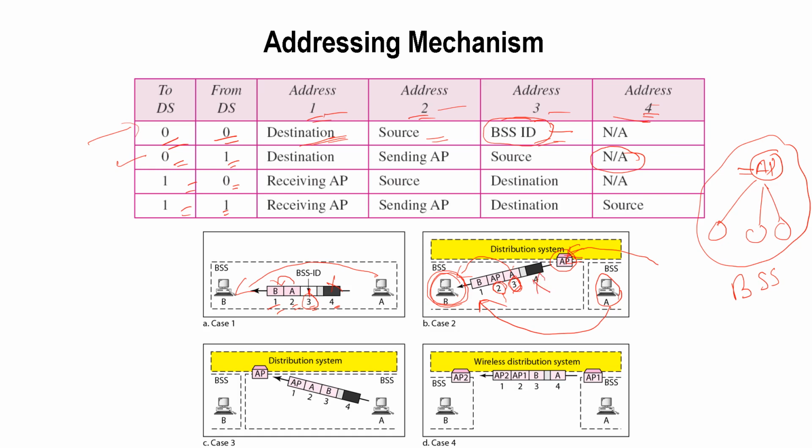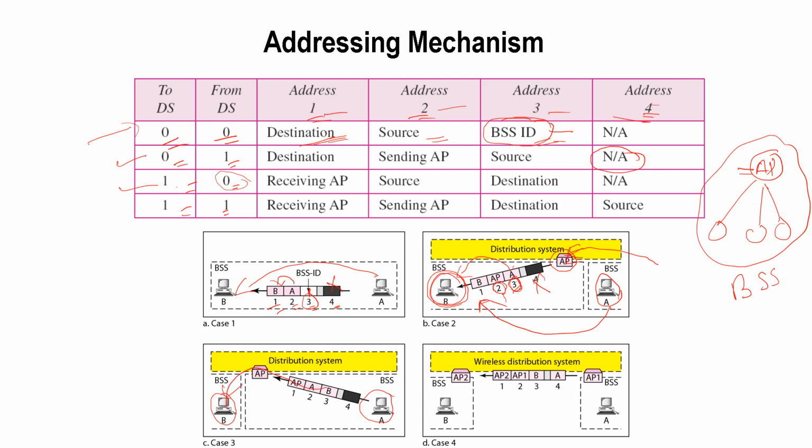Suppose the third case is considered, that is To DS is 1 and From DS is 0. This means the packet originated from this current BSS, from A, and its destination is in another BSS. So it has to travel through the access point.